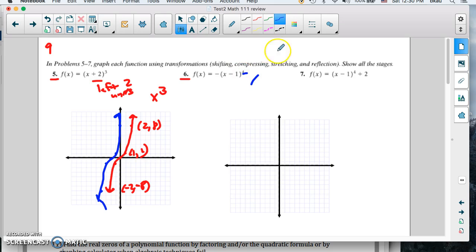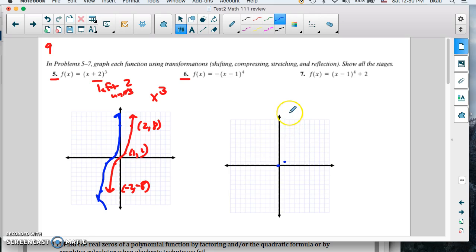All right, on this one we have x to the fourth. So that's going to look like a parabola. It's going to look like a squared one, just a little sharper. So 0, 0, 1, 1. But when you raise 2 to the fourth, you get 2 times 2 times 2 times 2, so 2 to the fourth power is 16.